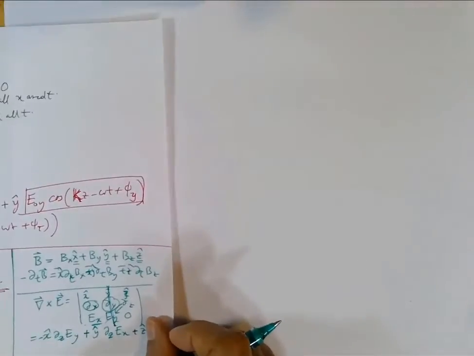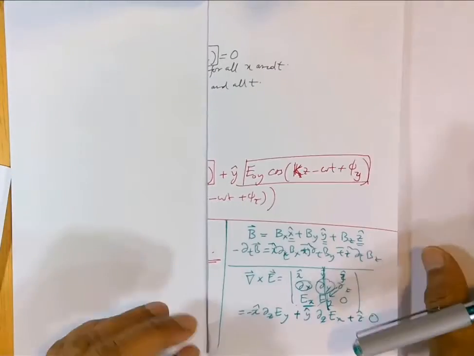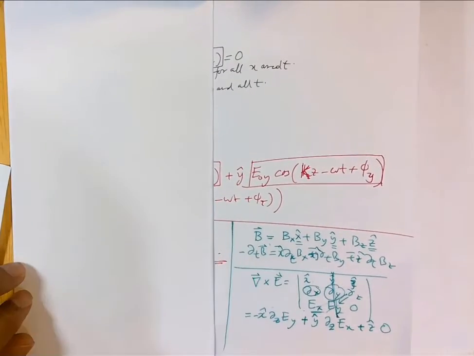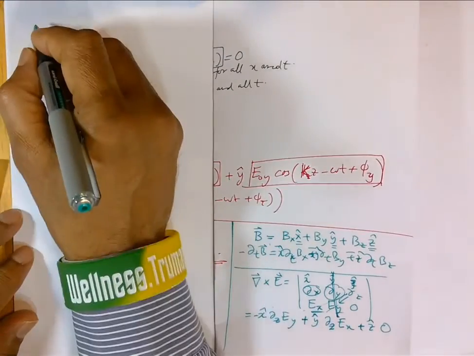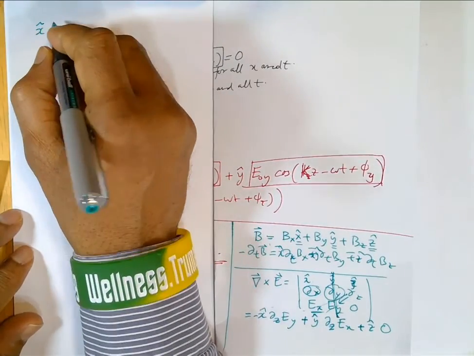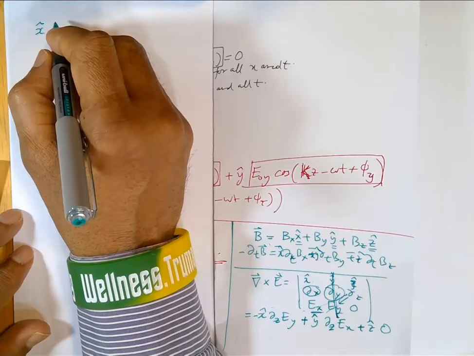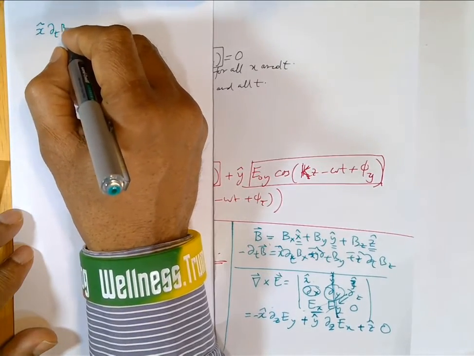So I'm going to see what this says in our equating this. You can see that I have a x hat dtb.